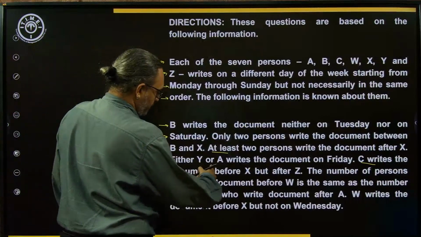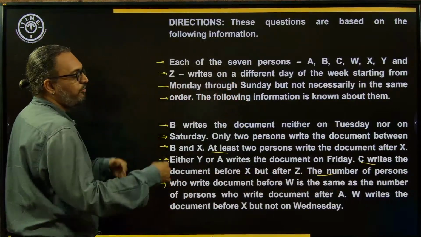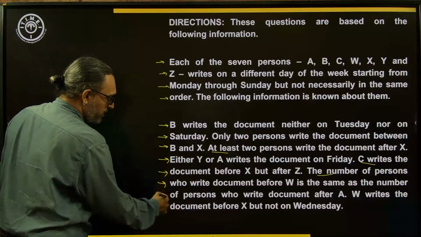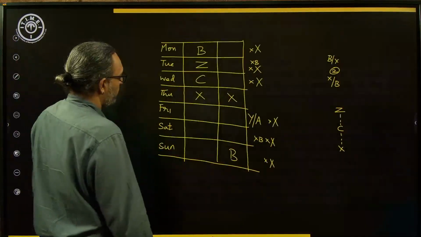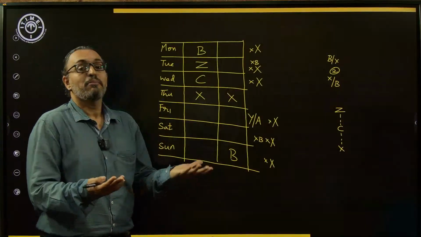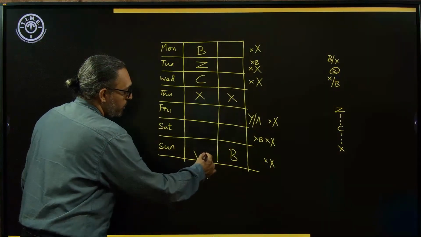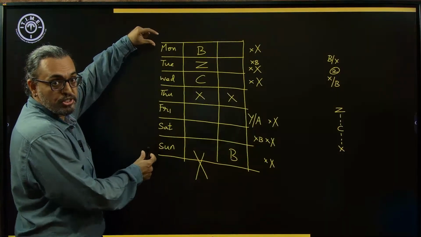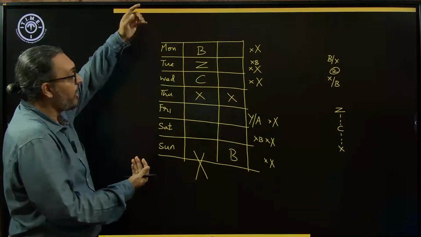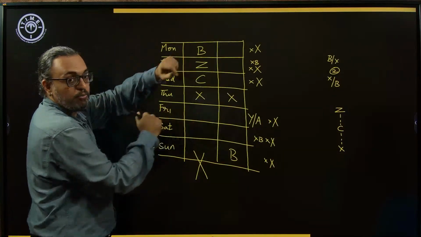Then next, the number of persons who write the document before W is the same as the number of persons who write the document after A. If before W is the same as after A, this arrangement is not valid anymore, because I need W and A in two positions which are the same from opposite ends: first from the top and first from the bottom, second from the top and second from the bottom, third from the top and third from the bottom.